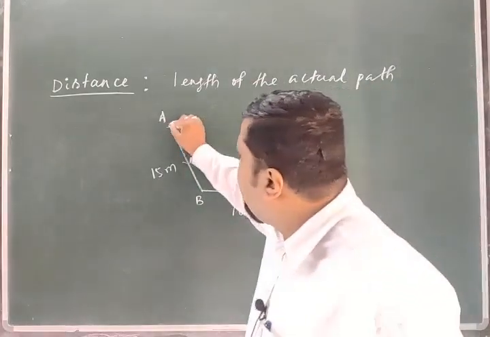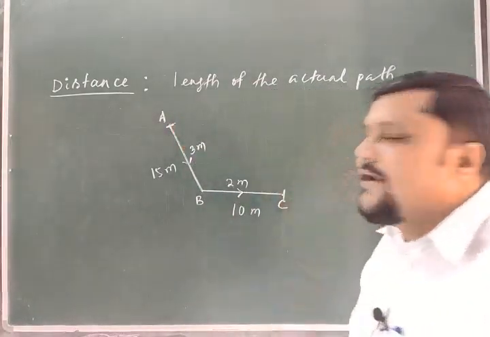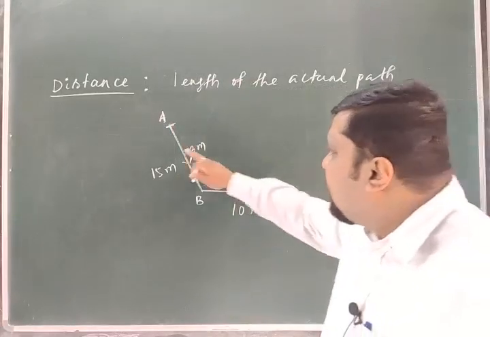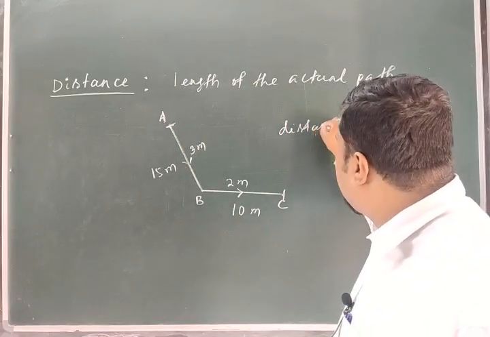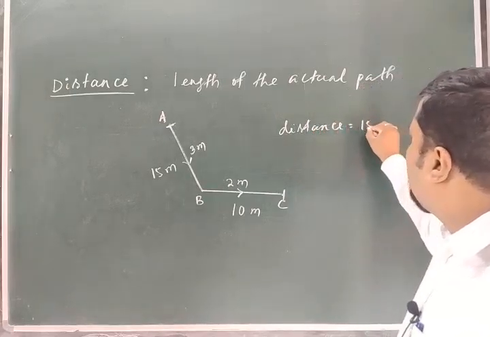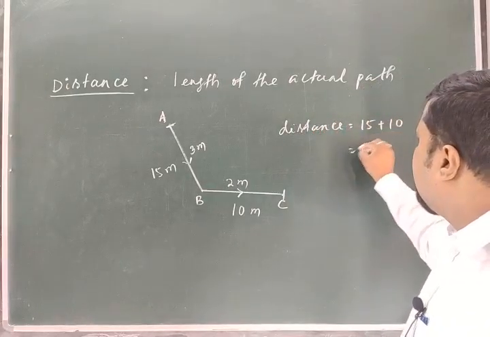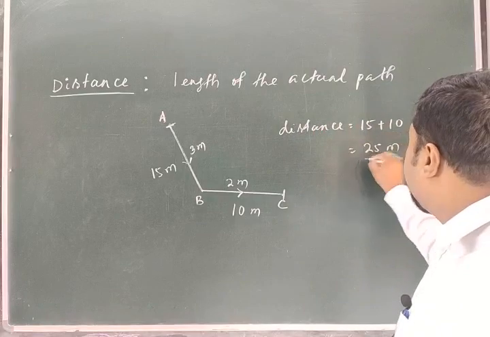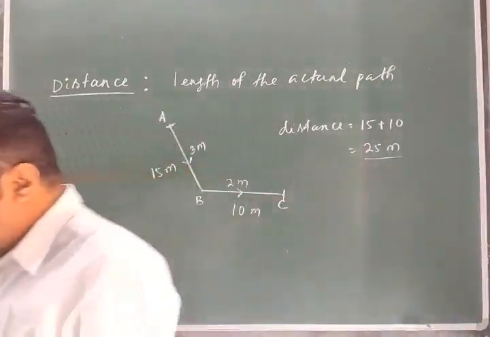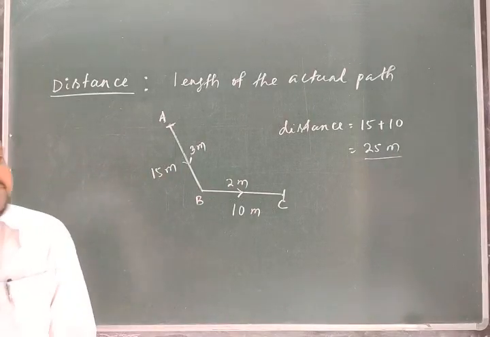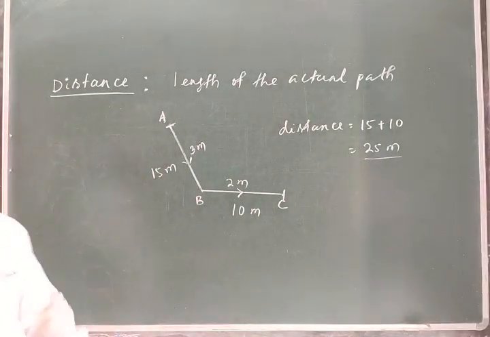There is the initial point and it reaches the final point C. So, the distance is 15 plus 10. The distance traveled by this particle is equal to 15 meter plus 10 meter, that is equal to 25 meter. So, this is the distance traveled by the particle in these 5 minutes. This is called the distance.